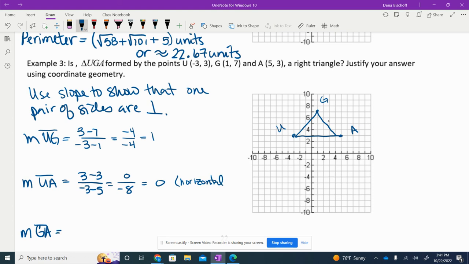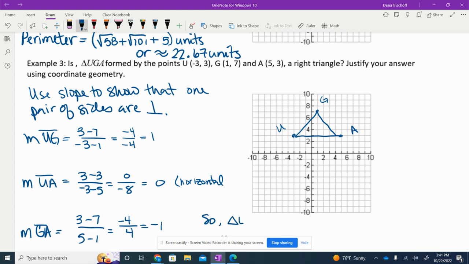And then the slope of GA. So if it's perpendicular to UG, it should end up being -1. So let's see, 3 minus 7 over 5 minus 1. 3 minus 7 is -4. 5 minus 1 is 4, which reduces to -1.